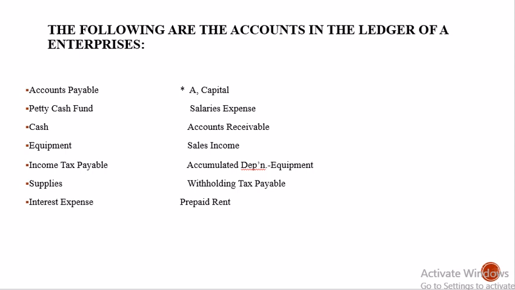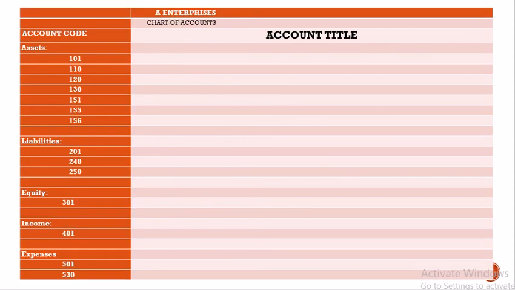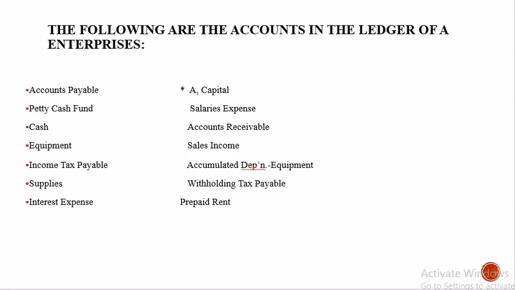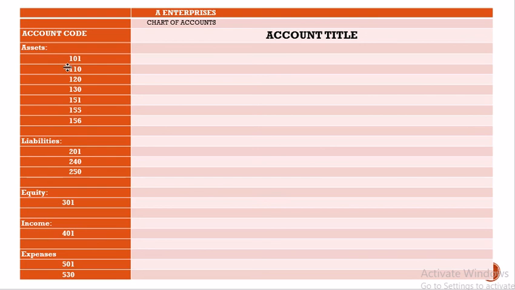Okay? So, ito yung chart natin. Ano yung una nating ilalagay sa 101? Ito yung account code. Account title, yung cash. Ito yung mga account title, accounts payable, petty cash fund, cash, and so on and so forth. Ito naman yung kanyang account code.